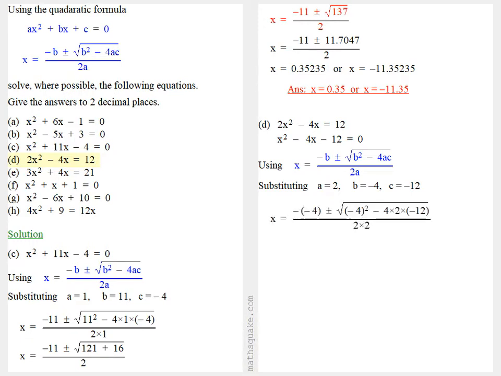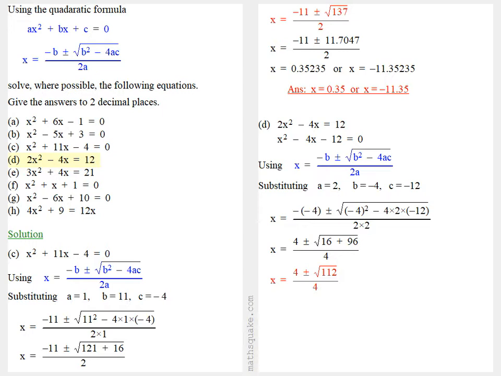That gives us x equals minus minus 4 plus or minus the square root of minus 4 squared minus 4 times minus 12, all over 2 times 2, which simplifies to 4 plus or minus the square root of 16 plus 96, all over 4, or 4 plus or minus the square root of 112, all over 4.